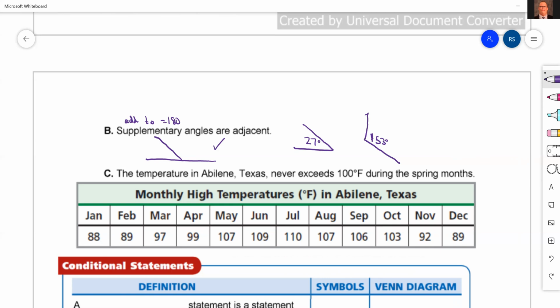No. But are they supplementary? Yes. So this example proves the statement is false. So we have 2 non-adjacent angles that prove that statement false.